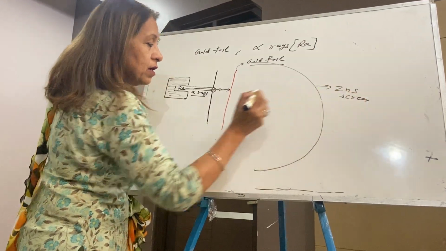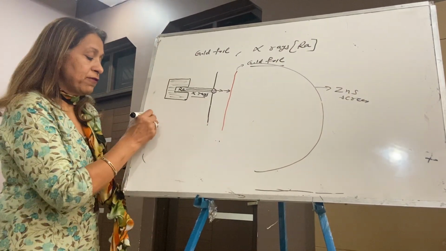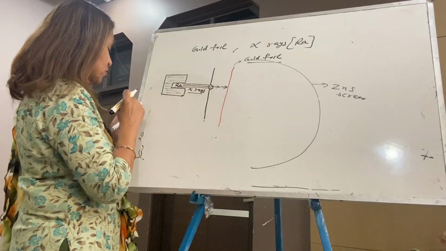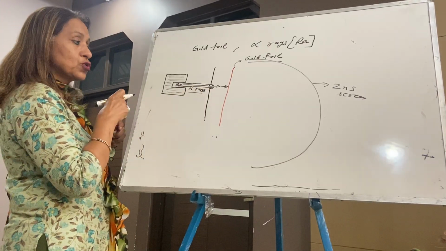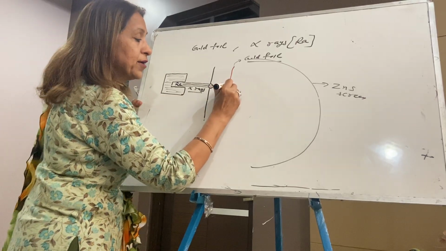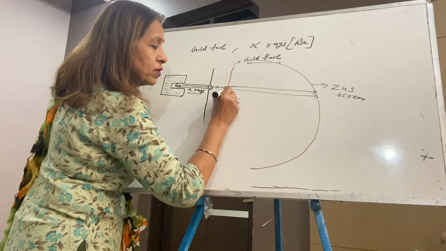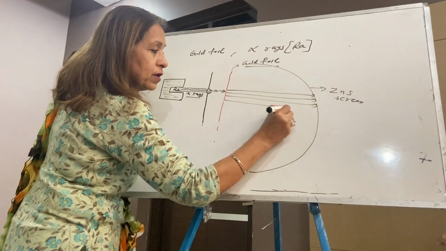Now scientists observed three things. First of all, most of the alpha rays passed through the gold foil undeflected, because a number of scintillations were observed here.